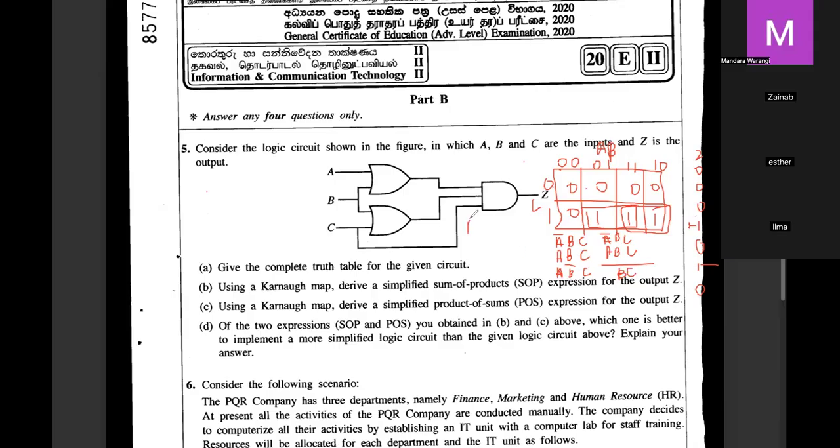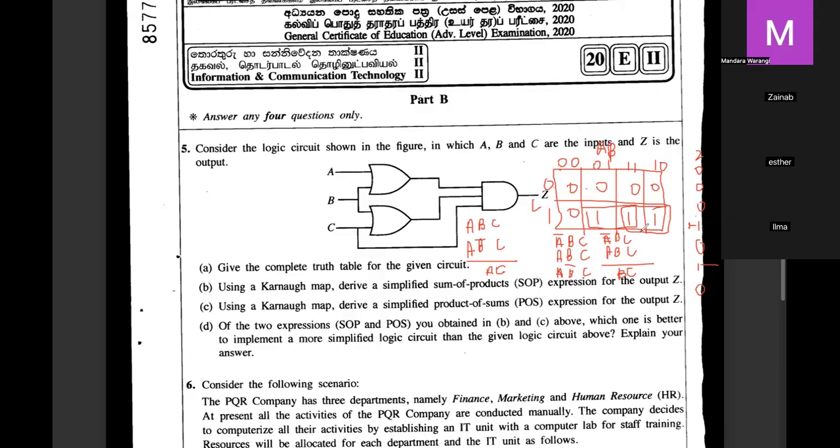The next group is A, B, C and A, B bar, C. So what is the output here? A and C. Right? These two are combined by an OR gate.